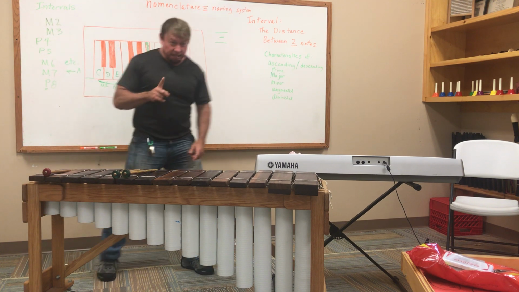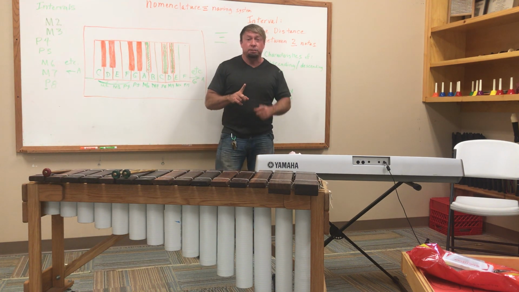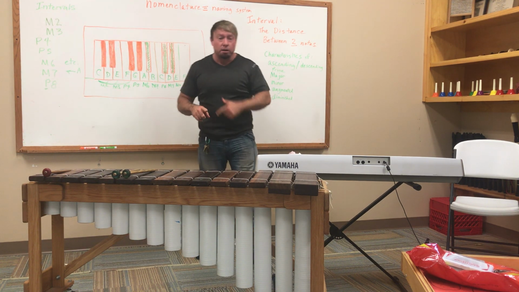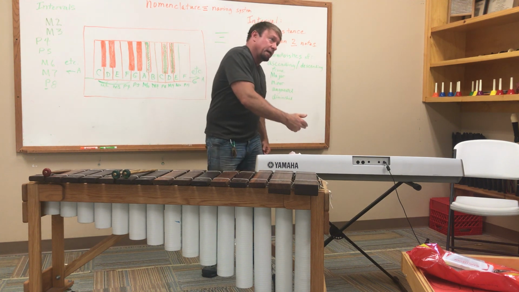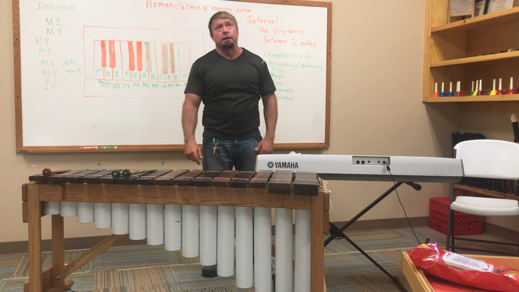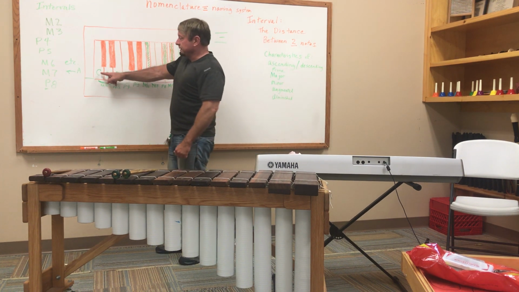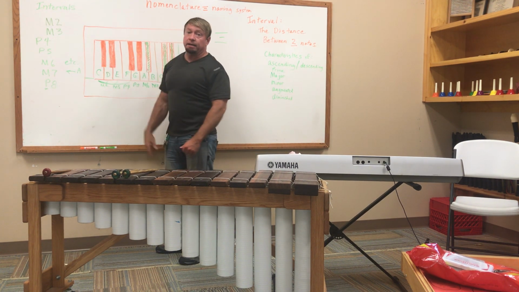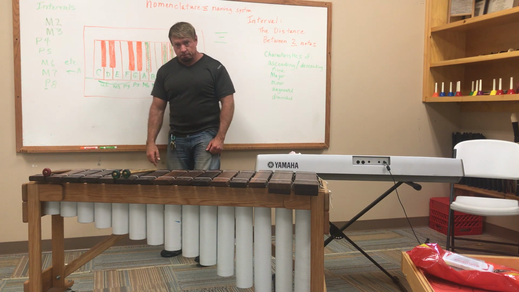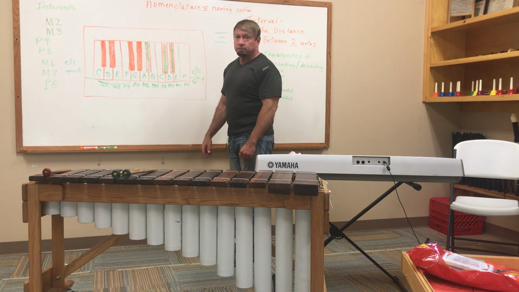And boys and girls, I'm getting kind of excited about this as a music teacher because it allows me to show you why it's minor on the way down and why it's major on the way up. And here's why. Between C and D, you have a black note. Major interval.